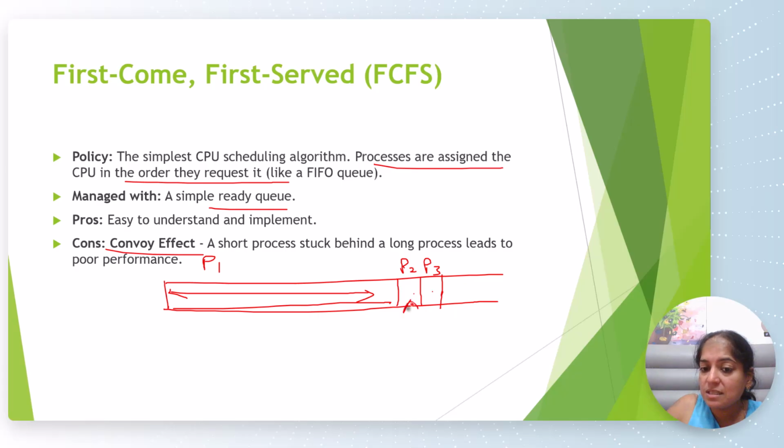So, it is called the convoy effect. When short processes need to wait a lot due to the completion of a long process, they are stuck behind it, right? So FCFS has the problem of the convoy effect.